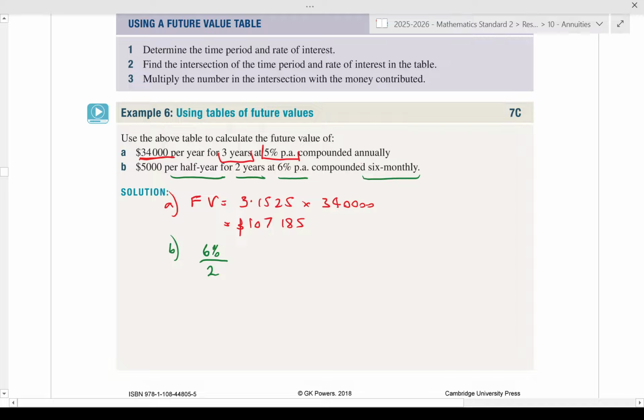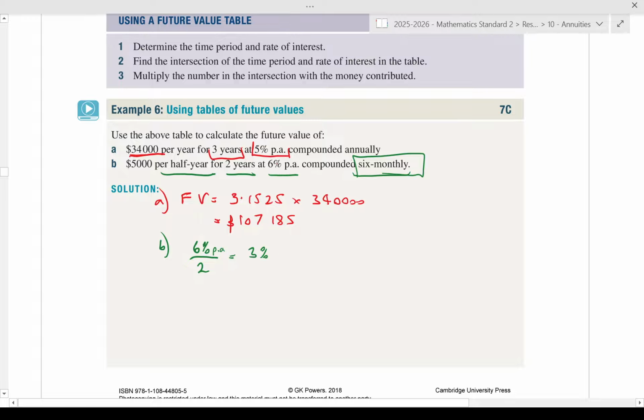The reason we want to divide it by 2 is because it's 6 monthly, so it's twice a year. So that would be 3%. 3% is the interest rate we want, because that was 6% per annum. We don't want per annum. We want, let's call it, per 6 months. That'll be easier. So 3% per 6 months is our interest rate.